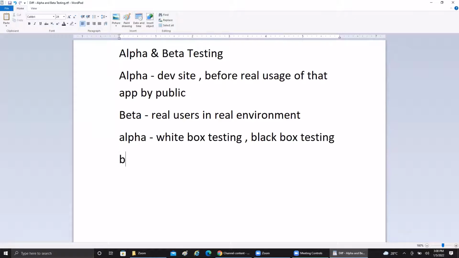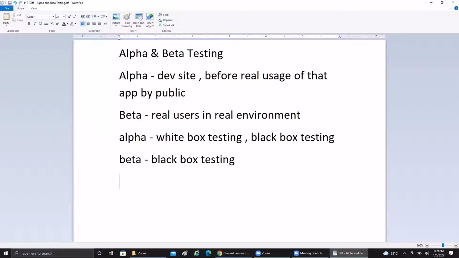Whereas beta will use the black box testing concept. So basically, they check for the detailed functionality for which it is being designed.